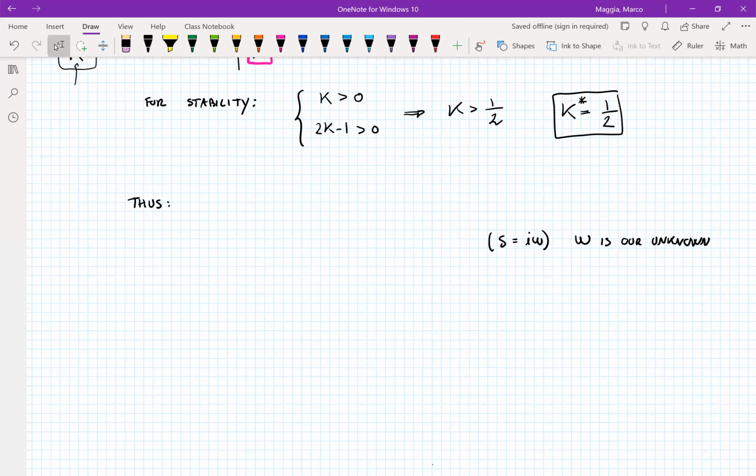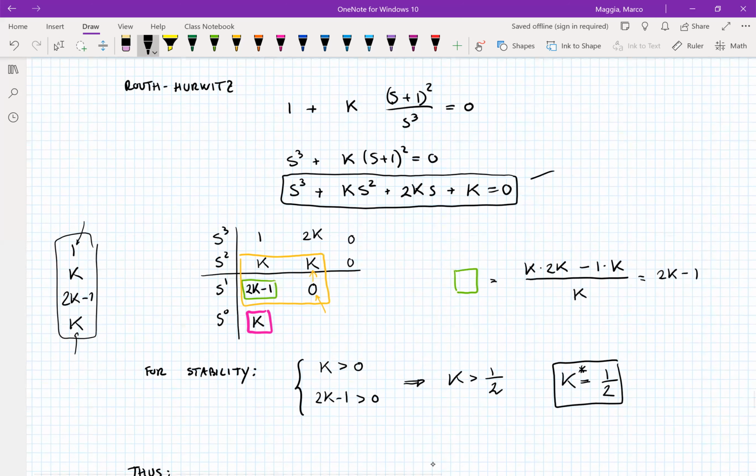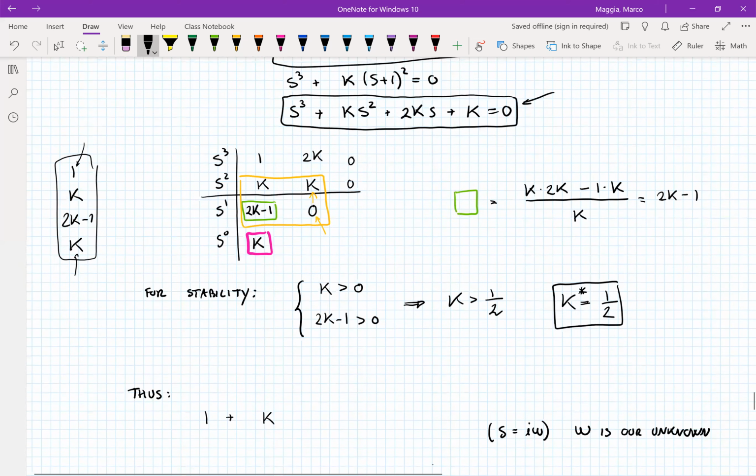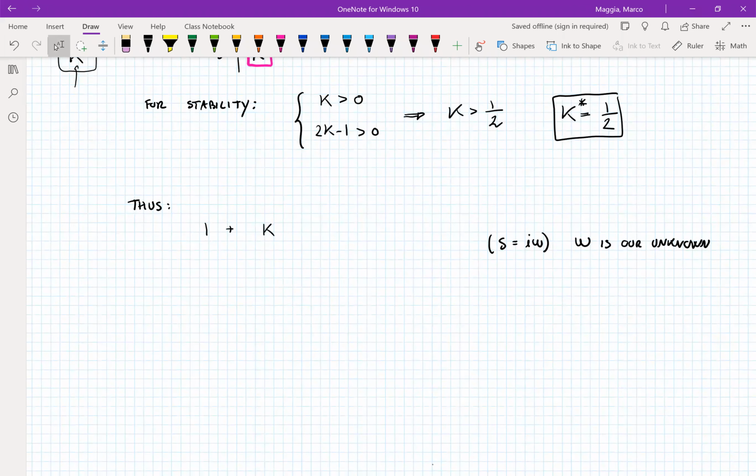Now we are ready to solve the characteristic equation using k equals k star. So the characteristic equation, we can once again write in whichever form you want. You can use the Routh-Hurwitz form or the root locus form. I'm just going to use the root locus one. So we have 1 plus k times (s plus 1) squared over s cubed equals 0.